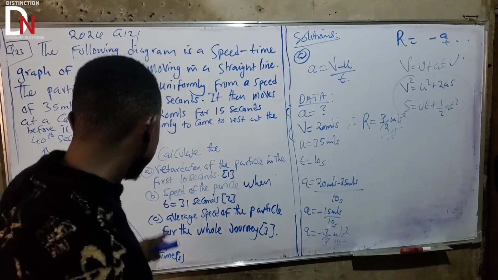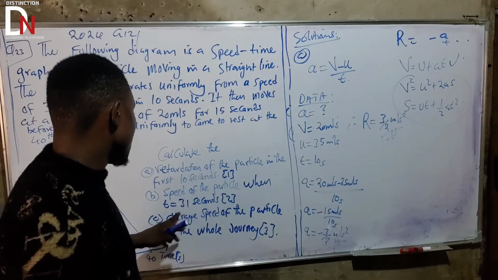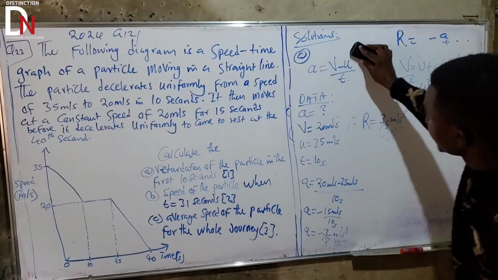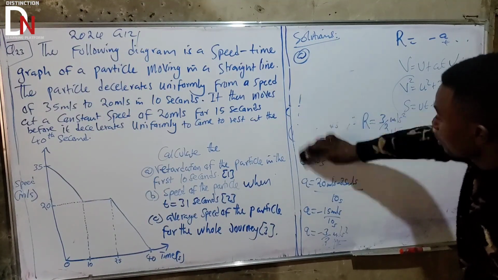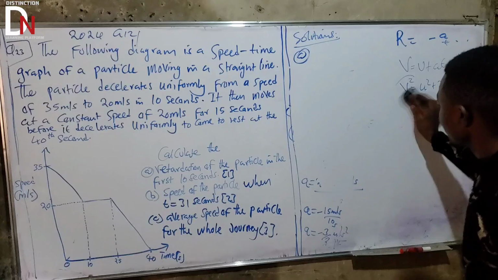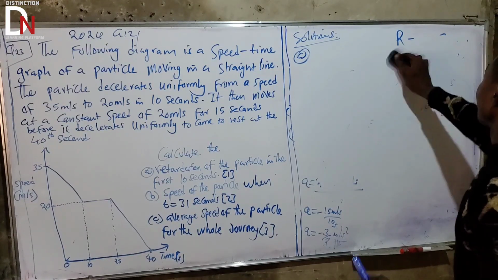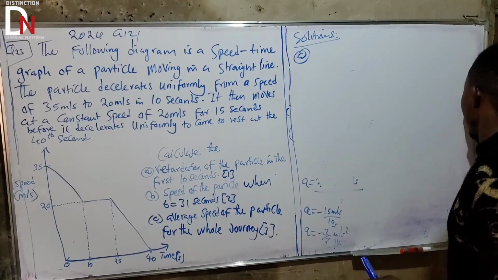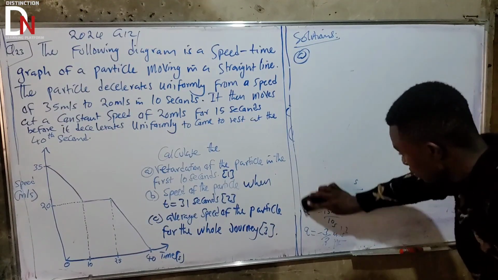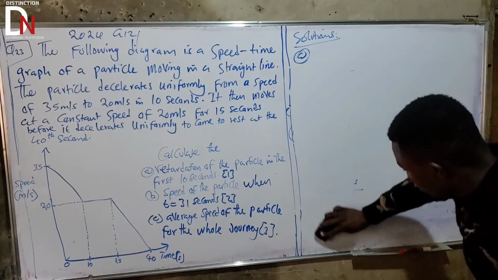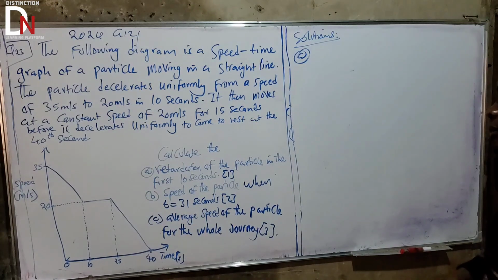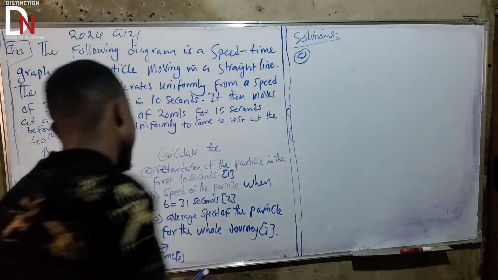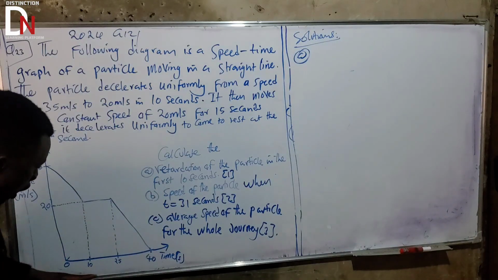question. Speed of the particle when t was equal to 31 seconds. Second question. So speed of the particle when the time was 31 seconds.